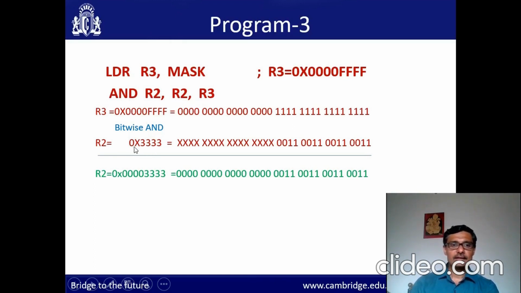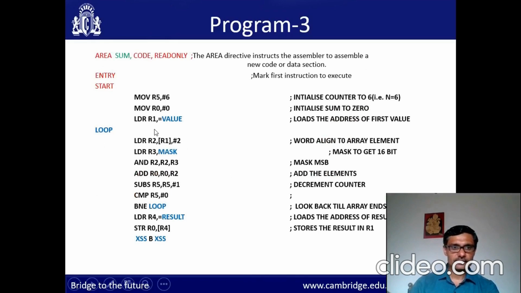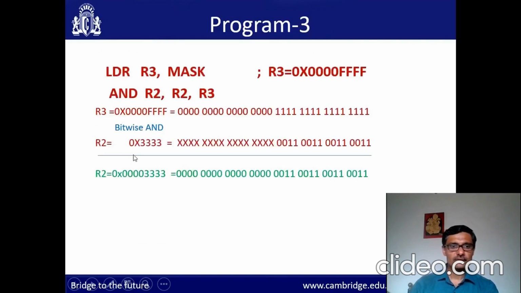I have taken here this 16-bit number 0x3333. You see our first instruction here, LDR R2, comma, a memory location. Here we are copying the 16-bit number into R2. So R2 has our 16-bit number here.